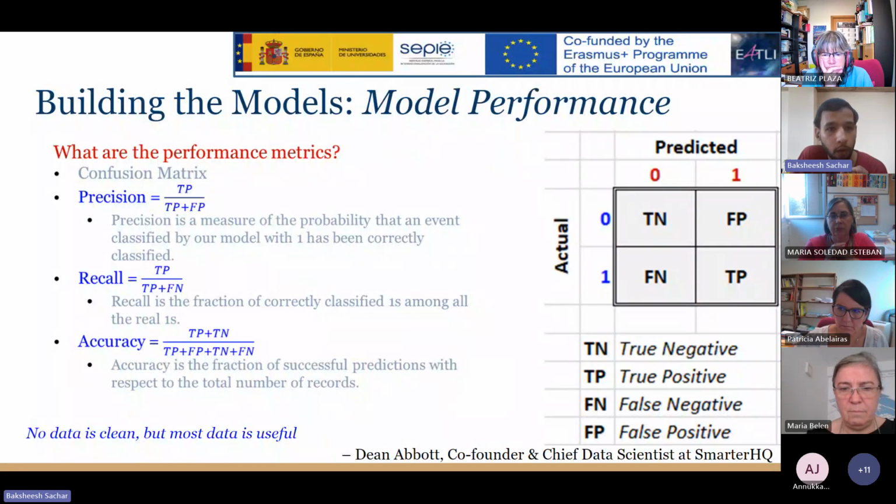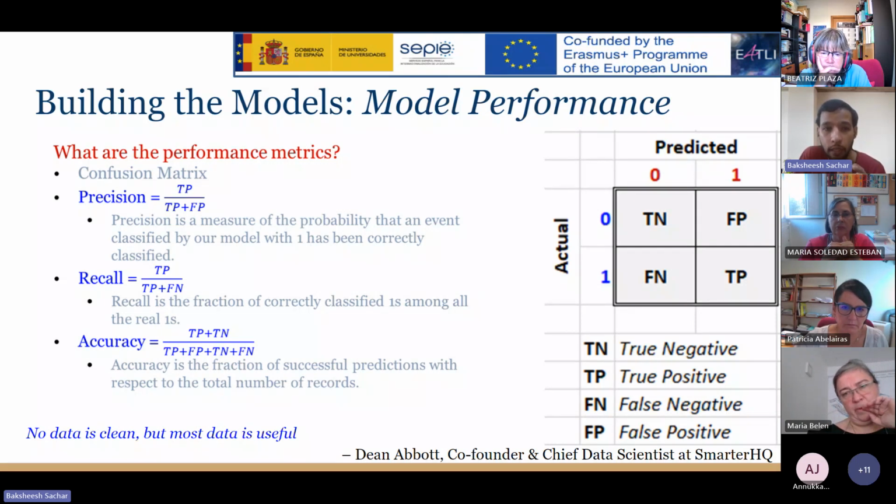Moving on, after precision, we have recall. Recall is basically the fraction of correctly classified. For example, I have 100 faces. Out of them, 80 I use to train my data, and the rest of the 20 I'm using to test.